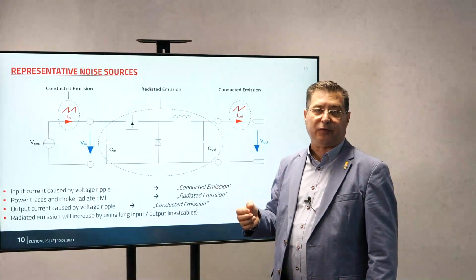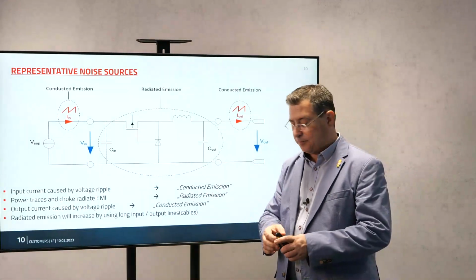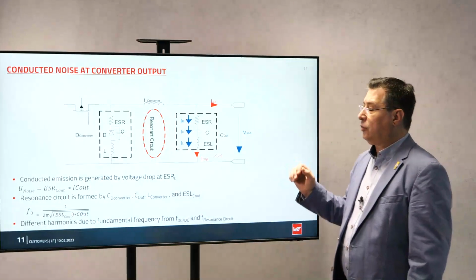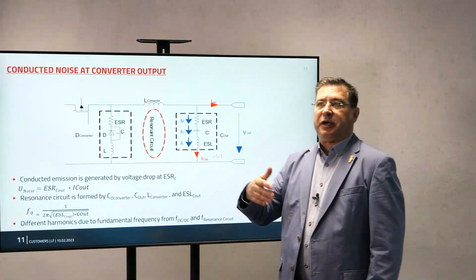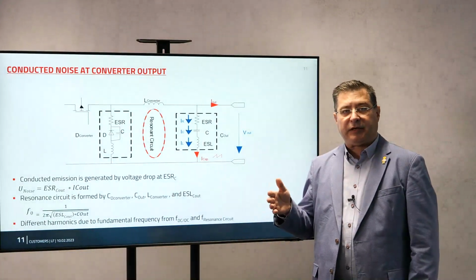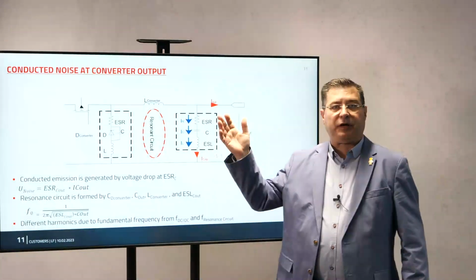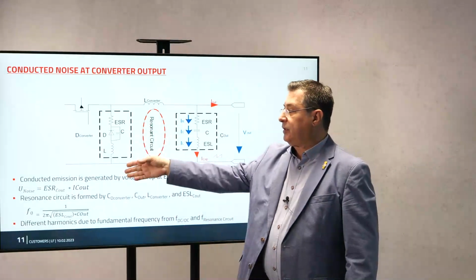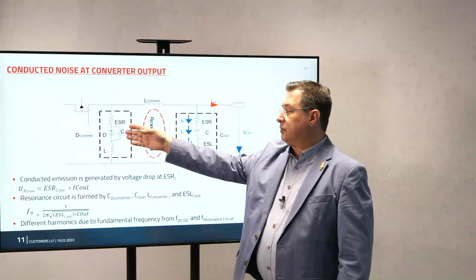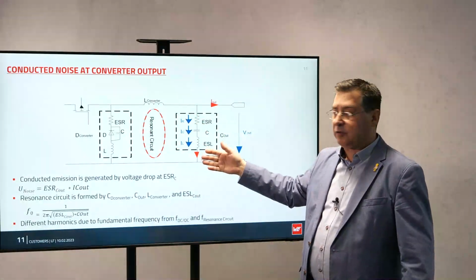PCB rerouting or redesigning. Now, if you look at the output of this DC-DC converter, you may say, okay, I'm switching at 500 kilohertz, but I see in the EMC lab 250, 300 megahertz noise. Where is it coming from? Well, actually, the diode is also not ideal. It has parasitics. The capacitor has parasitic components.